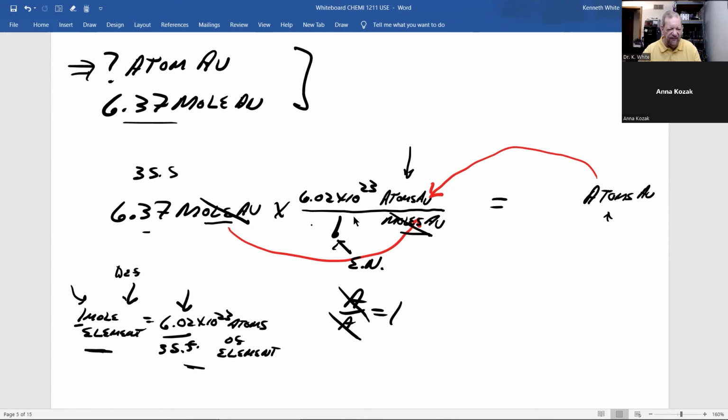6.37, 3 significant figures. Avogadro's number, 3 significant figures. So my answer should be 3 significant figures. I turn on my calculator.